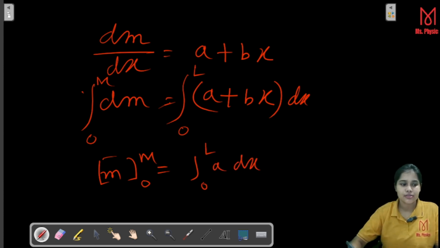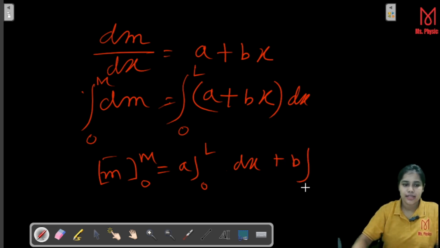A is constant, so I can write it outside the integration, plus b integration over 0 to capital L of x dx.